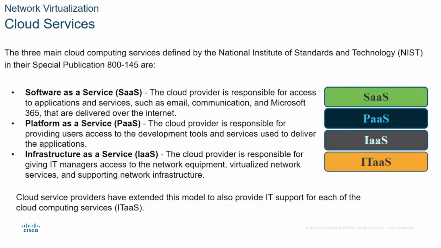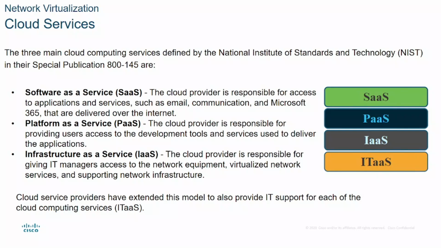Alright, there's also ITaaS. So SaaS, which is software as a service. So here the cloud provider is responsible for access to applications and services such as email communication and Microsoft 365 that are delivered over the internet.